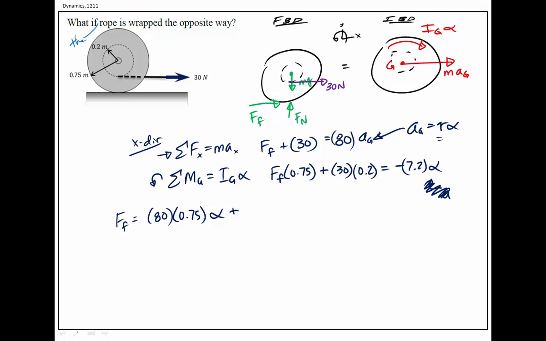No, it should be minus 30, because we're bringing it over to the other side. So it should be minus 30. And we also can say from up above here that we could isolate the friction force, minus 7.2 alpha, and this time it's going to be a negative because we're moving that 30 times 0.2 over to the other side, divided by 0.75, and we can equate these two friction forces here.